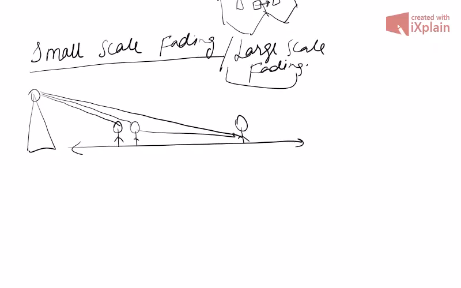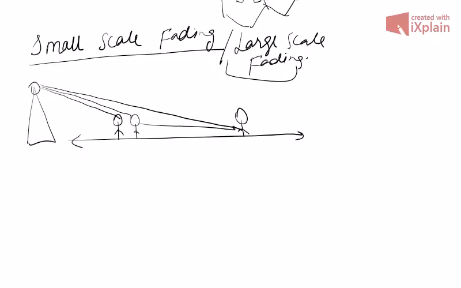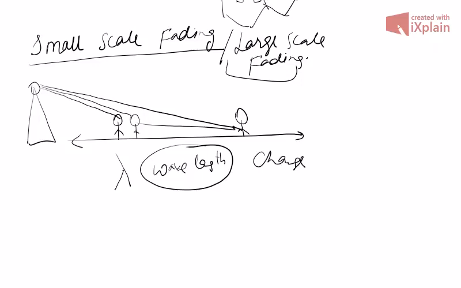But small scale fading effects are such effects that even if you move by lambda amount, which is the wavelength and is very small, you will feel some fluctuation or change in the signal.